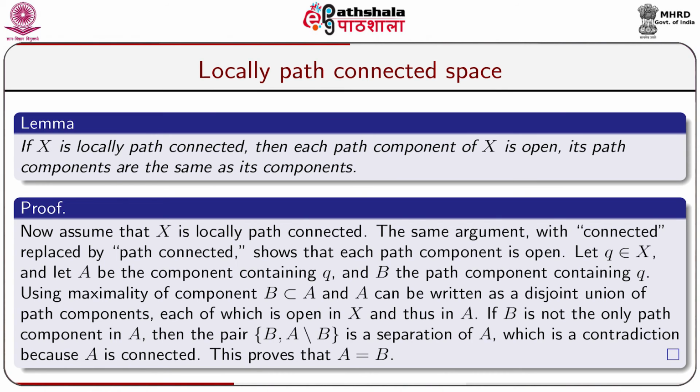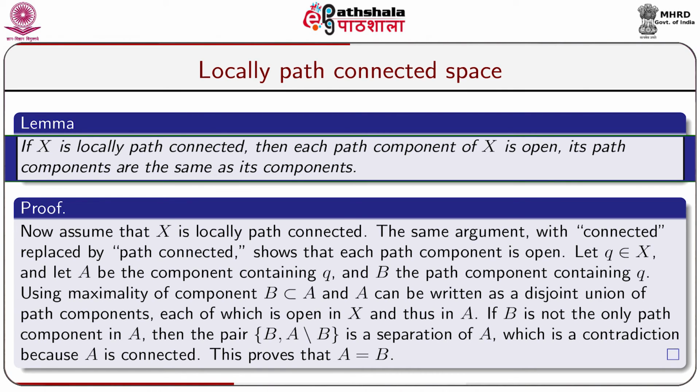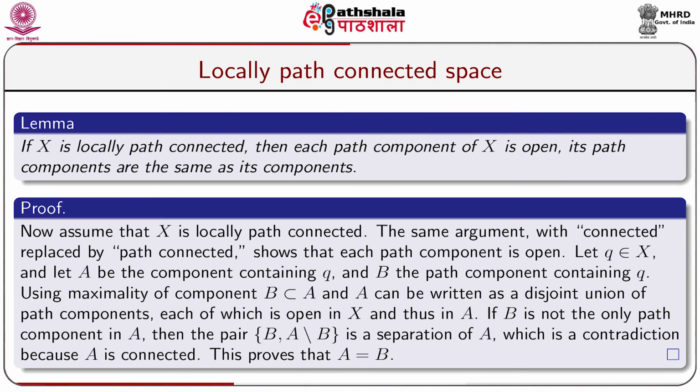Next, if X is locally path connected, then each path component of X is open. Its path components are the same as its components, and it is connected if and only if path connected.